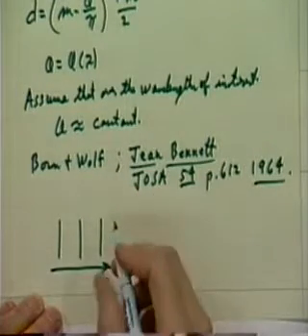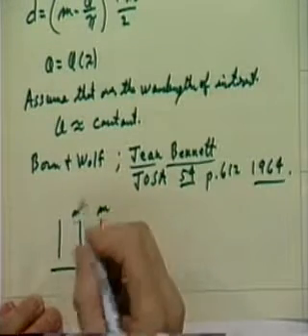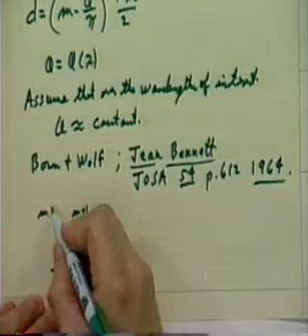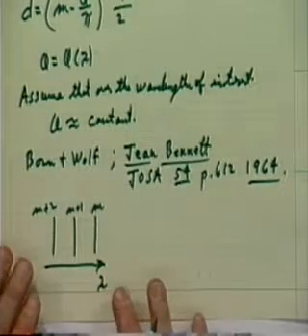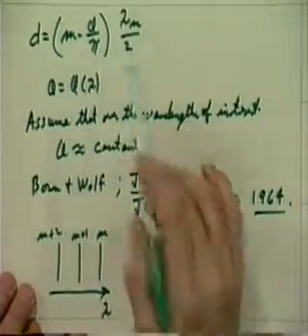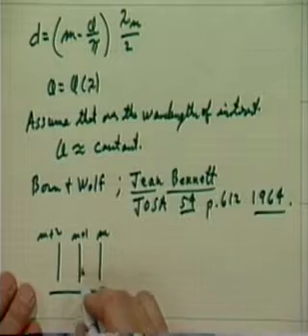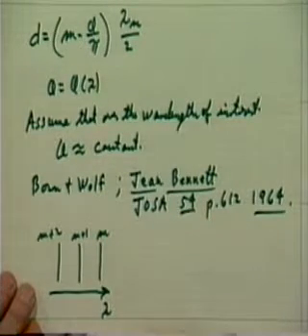And this is order m. This is order m plus 1. This is order m plus 2, and so on. Everyone agree with that? That would just be, if D is a constant, I'm going to get these certain wavelengths transmitted through, and I would just get many images of the slit.